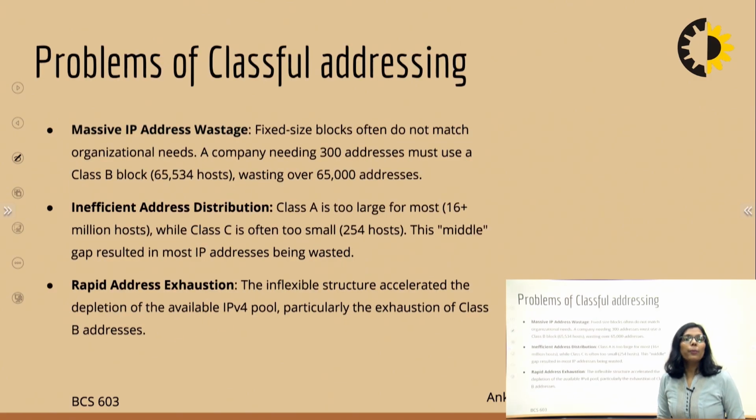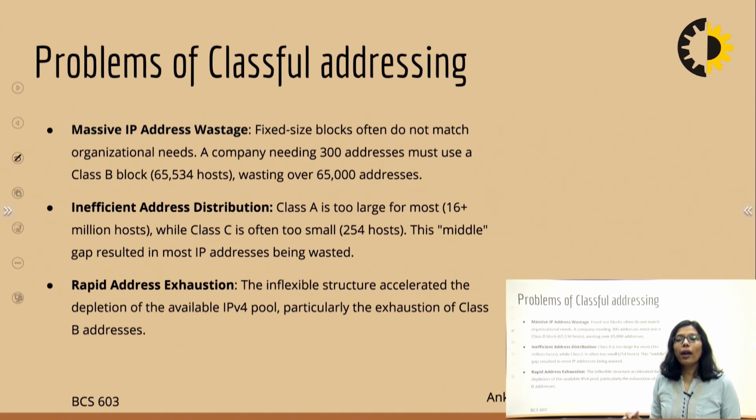So what are the problems of classful addressing? First of all is massive IP address wastage. When you talk about class A, we are putting around 17 million addresses into one network. In class B, we have around 65,000. In class C, we have around 254. So we can see there's a massive wastage of addresses.